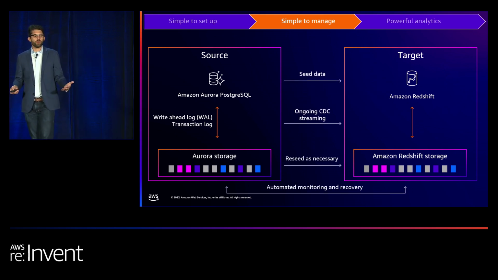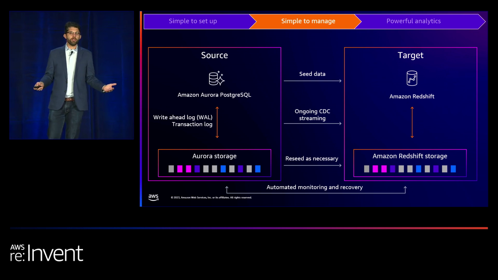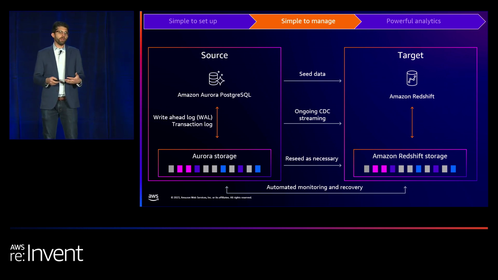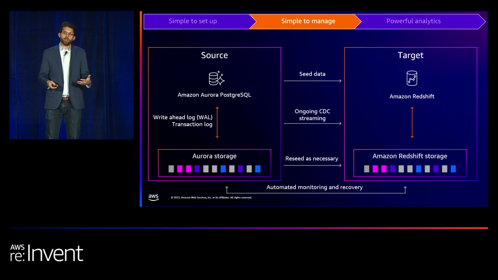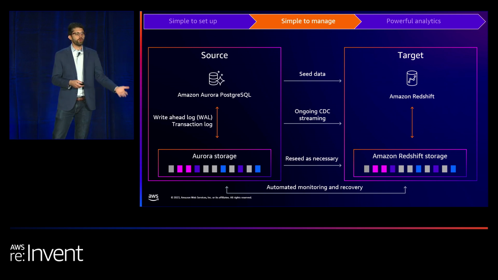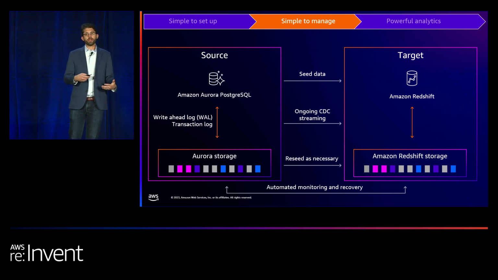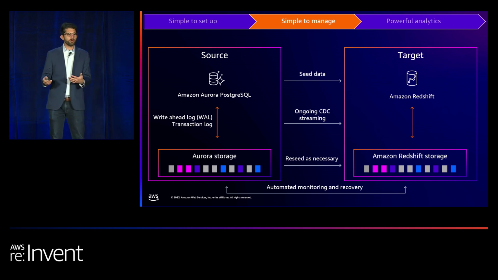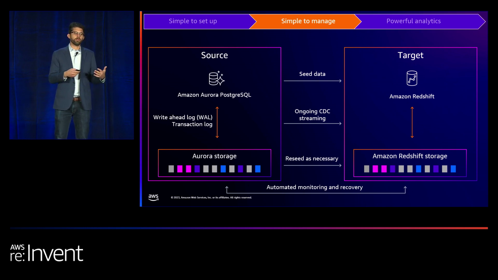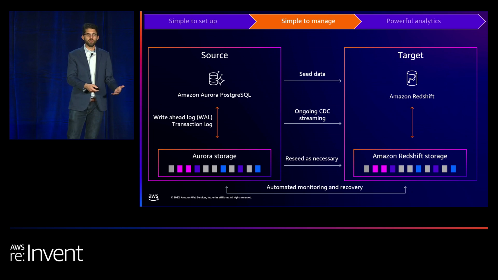And while all this is going on, we're monitoring the entire system. Logical replication in Postgres has some limitations, and particularly around DDL. And so with zero-ETL integration, we're able to support some DDL, and when we encounter a DDL that isn't supported via logical replication, we intelligently are able to go and reseed the data.